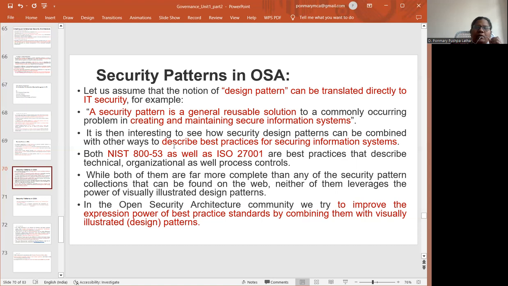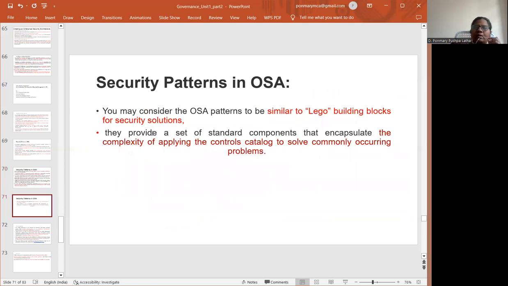So when we see NIST 800-53 as well as ISO 27001, they give best practices that describe the technical organization as well as the controls. It is similar to Lego building blocks.